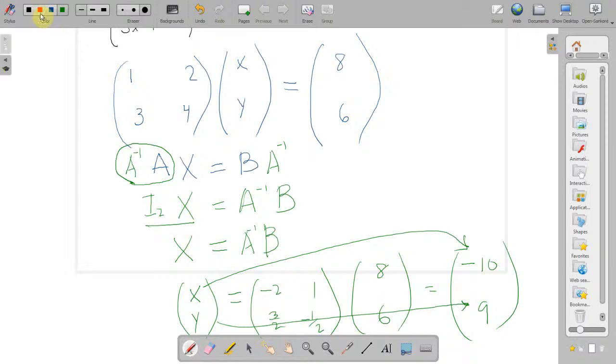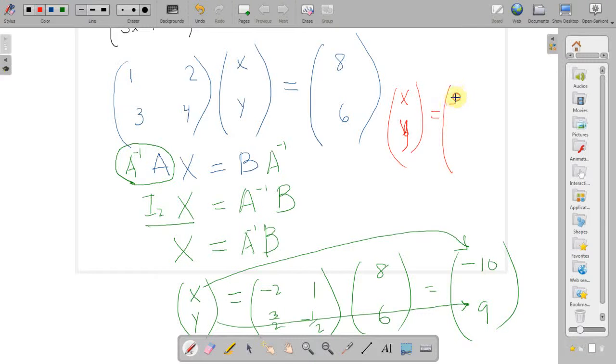So to recap, I'm going to put it in red. You put your variables like this, and if your equation has variables x and y, you put your variables, and then you multiply by your inverse matrix.